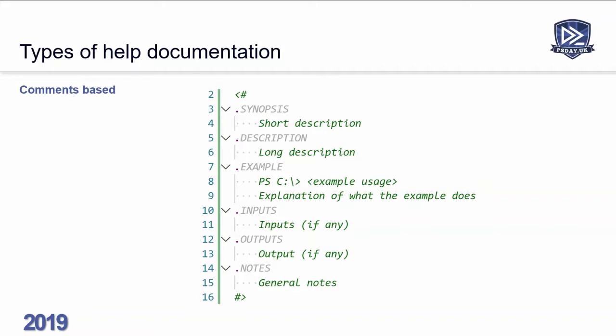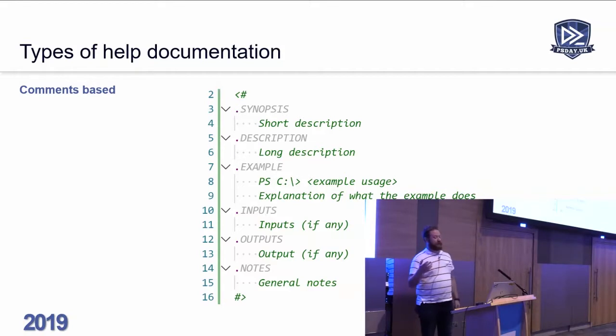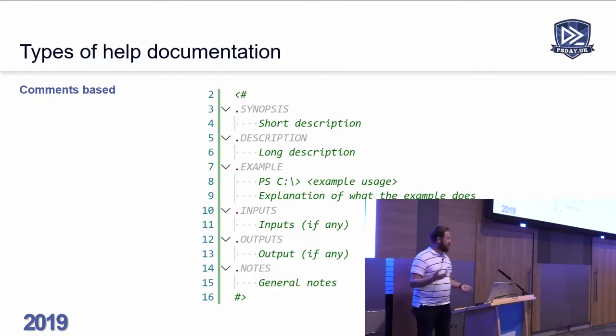So the one probably most people have used is what's called comment-based help. So you put this kind of notation at the top of your code somewhere, and there's some notation on how you do synopsis, description, examples, inputs, outputs, and notes. So it's been covered why you should document code in an earlier session, but this is how you do it in practice.